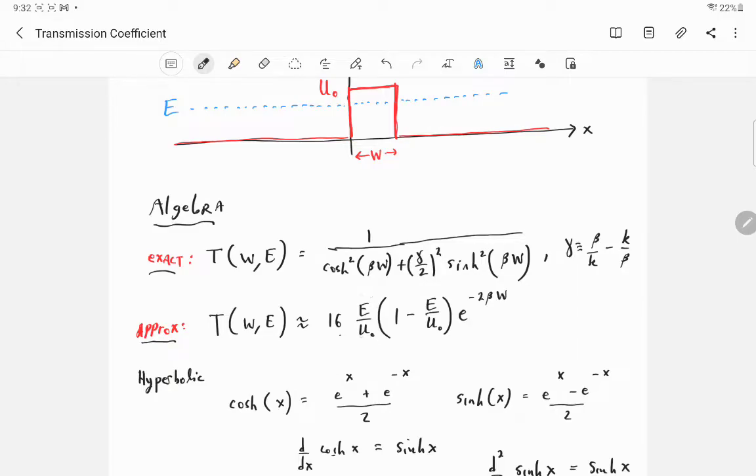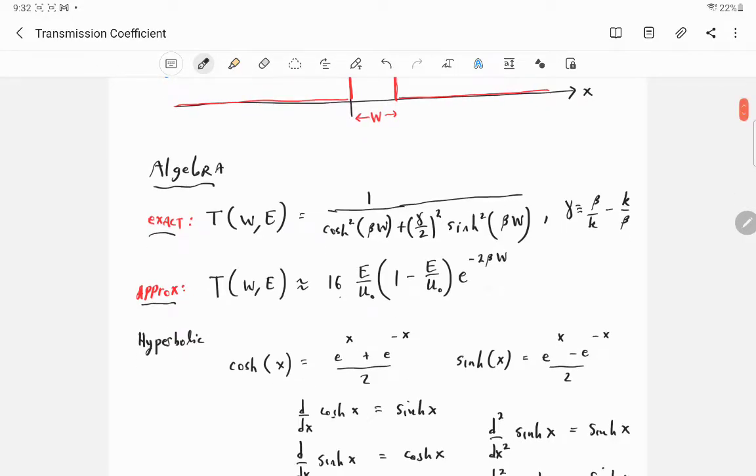It'll be less than 1 for our tunneling problems, right? Tunneling is when the particles are classically forbidden to transmit. That's called the tunneling situation. And then it's 1 minus that fraction. But then it's got this exponential, e raised to the minus 2 beta w, right?